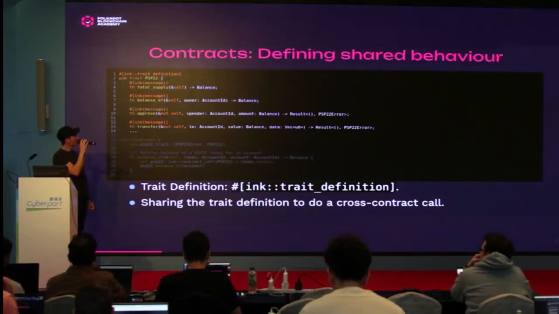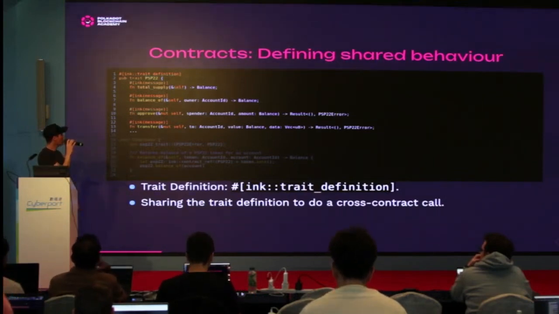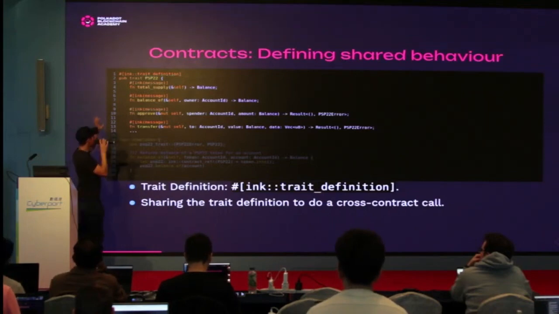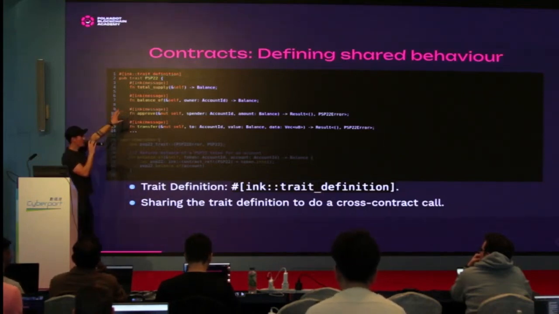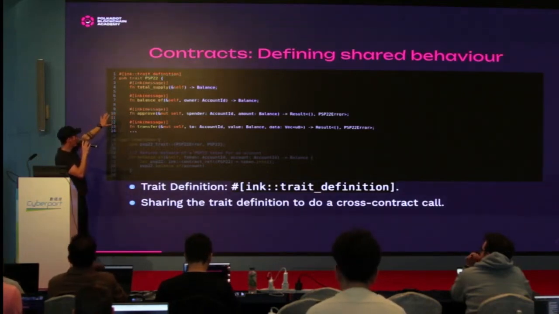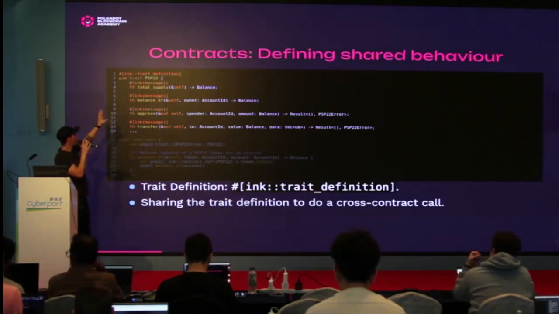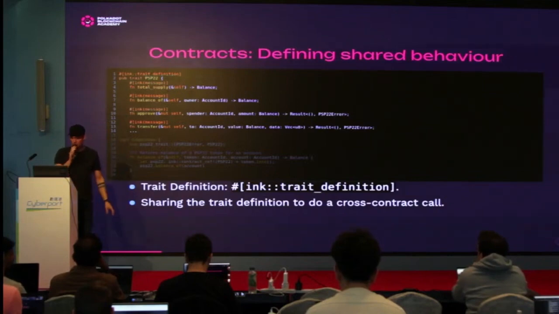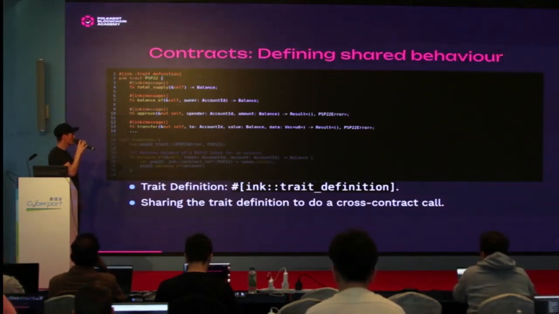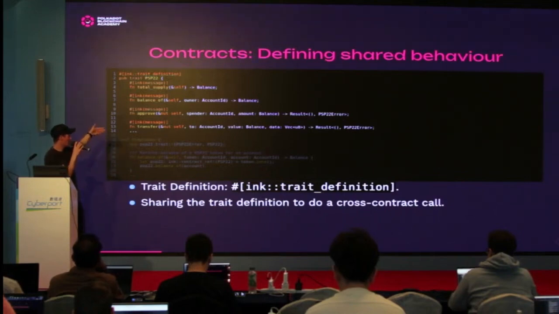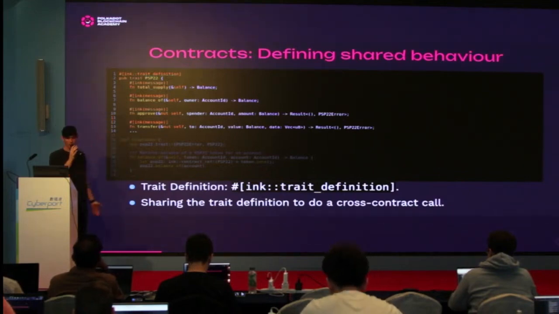So this is defining shared behavior. This is the ubiquitous PSP22, the ERC20 trait. Basically a definition. Every other contract that adheres to that definition, we can think of as PSP22.